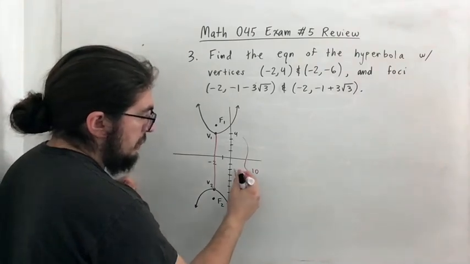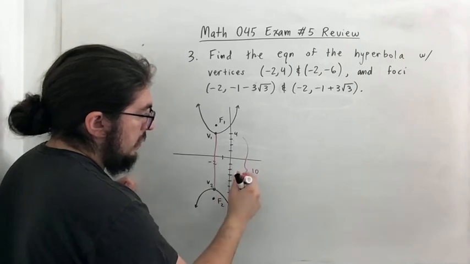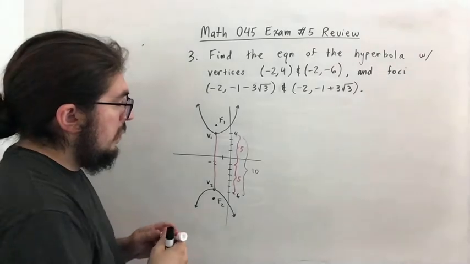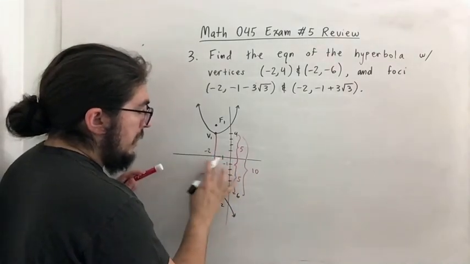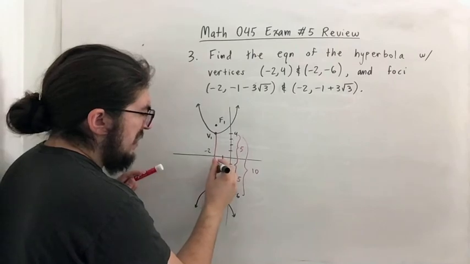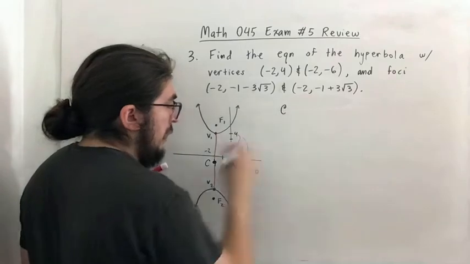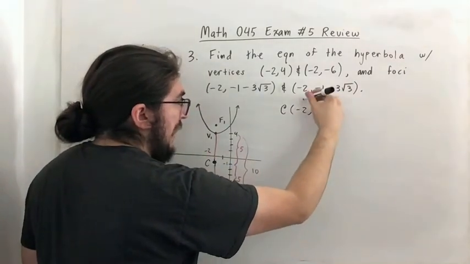So that leads us right here to negative 1. There we go. So that's also 5 if you count. So indeed, the center is going to be at the point negative 2, comma negative 1, like I predicted earlier. So the center by symmetry we found to be negative 2, comma negative 1, and that's h, comma k.